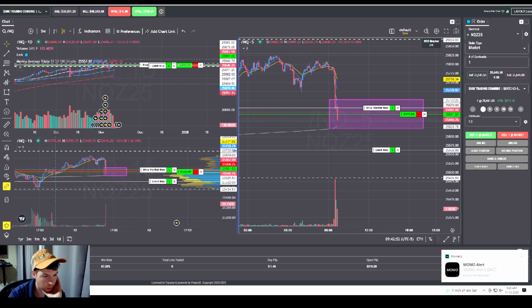Right here. Let's go to the bottom of this little range here. That's what we aim for. And then if we get down to here, I will move my stop to a little bit beyond break even.